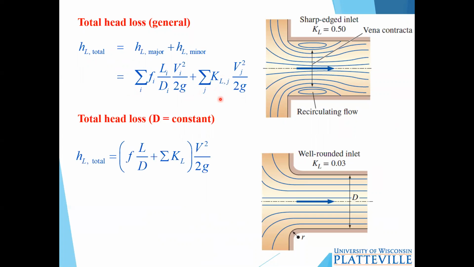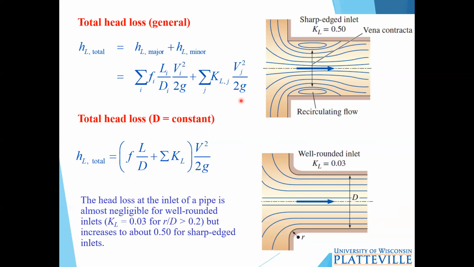So for the total head loss, if the diameter is the same, you can factor out the velocity head and use this equation. Either this one or this one is correct if you want to use it, but make sure the diameter doesn't change if you want to use this one. It doesn't matter how many pipes we have. Maybe we have a couple of major losses, or a couple of minor losses in the system.